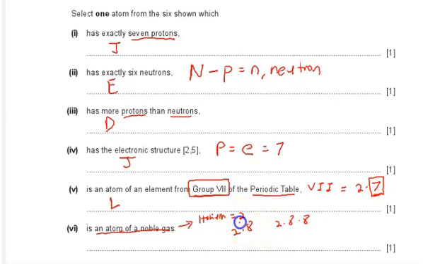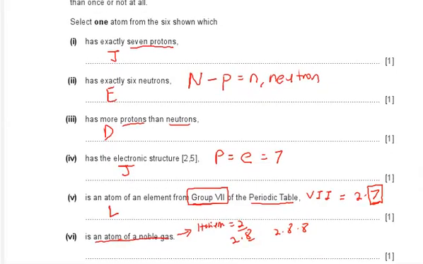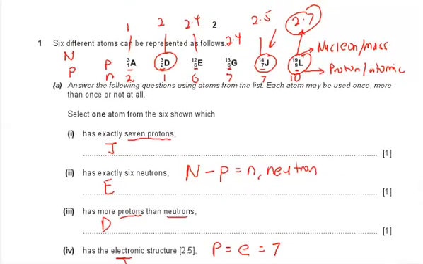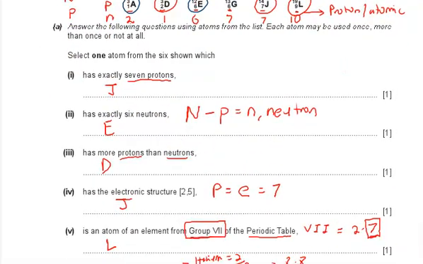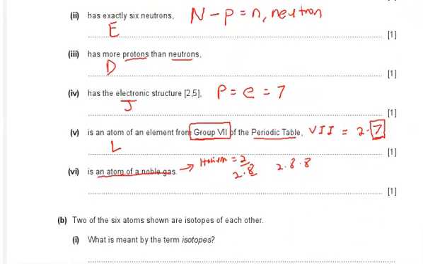So we have to search for either 2 or 8. Looking at the atoms, this one is 1, not stable. This is 2.4, not stable, not stable, not stable. So your only choice is the one with 2, so your answer here will be atom D.